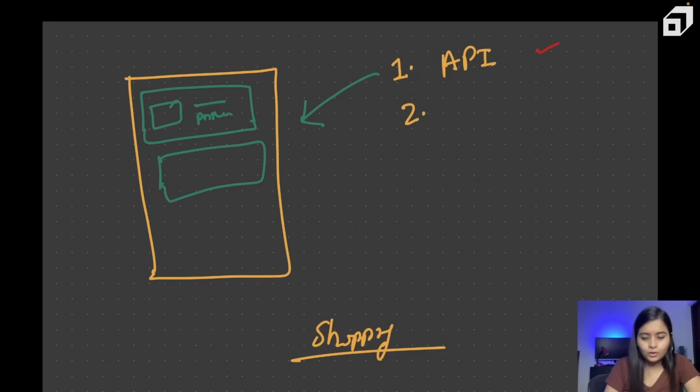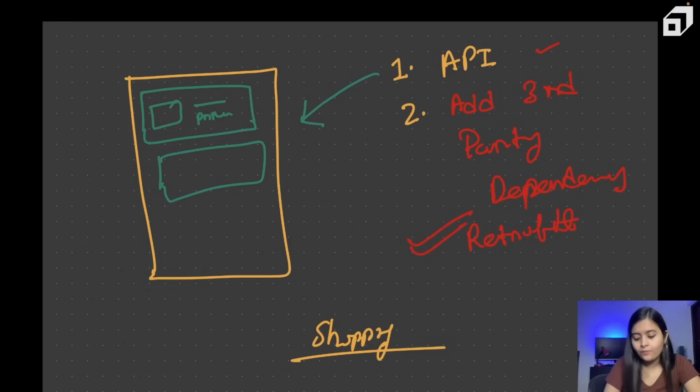So first, let's find the API, and after that in Android Studio I will add some third party dependencies which are must-haves if we are working with APIs, like Retrofit. This is a third party library, a third party dependency which we use when we are working with APIs in Android.